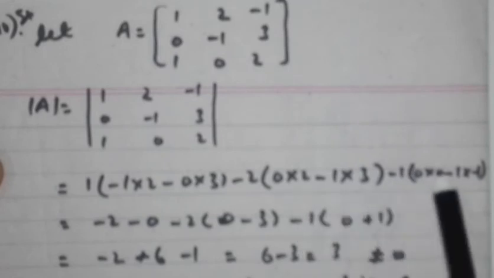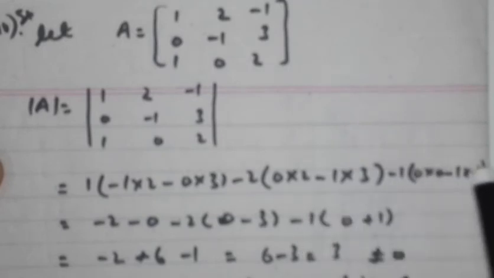Write minus 2 in its place, 2 zeros are 0, and 3 ones are minus 3. Here minus 1, 0 zeros are 0, and minus 1 into minus 1, we get plus 1. Now 1 into minus 1, we get minus 1, minus into minus is plus, 3 twos are 6, and minus 2. So here we get 6 minus 3, 3, not equal to 0. A is a non-singular matrix, so its inverse exists.